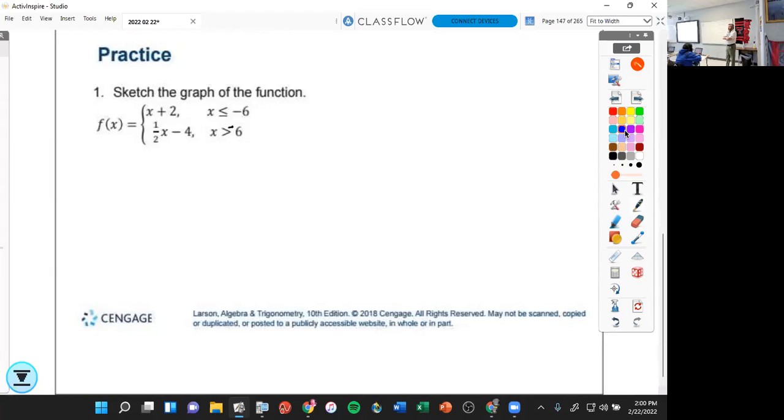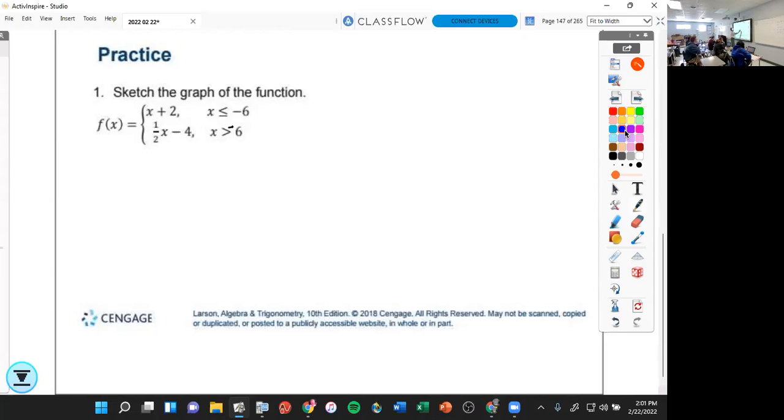If I was to give you an X value -6, which piece would you plug -6 into? The top one. Okay, -5. The bottom one, because -5 is greater than -6, right? -7. Top one. Okay. I'm going to draw a very, very rough sketch of this.